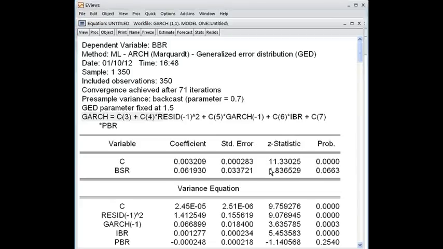So far we have developed three GARCH models using three distributions. Now the question is, out of the three models, which one is the best?